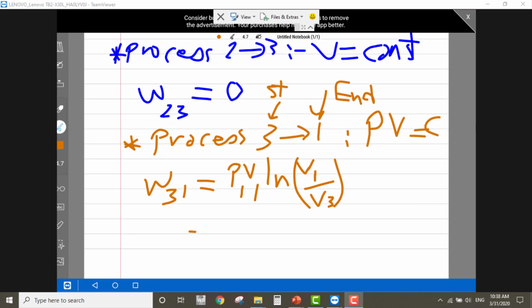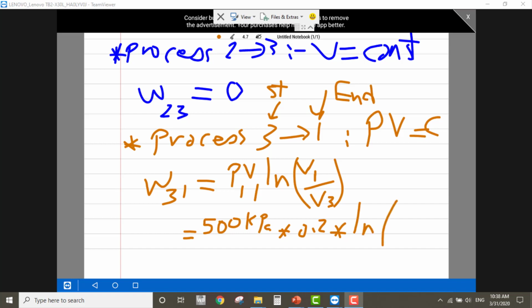So this is equal P1, which is again 5 bar converted to kilopascal. This is 500 kilopascal multiplied by V1, which is 0.2, multiplied by ln 0.2 divided by 1, and this gives us, once we have compression, you must expect to get minus sign.